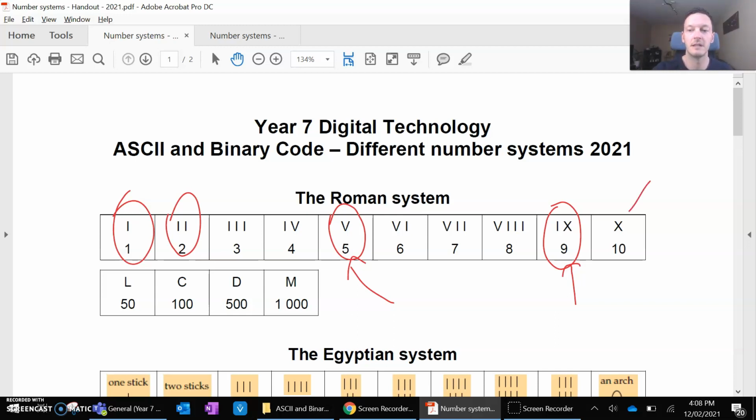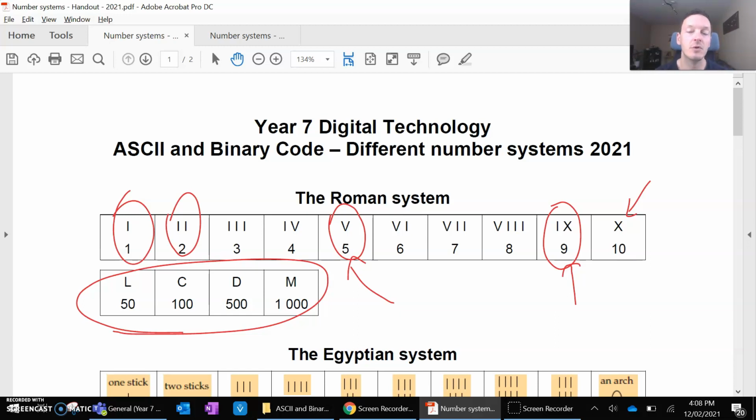And here for 10 is X. So if you've heard of Roman numerals, that's exactly what this is. And then down in this combination down here, we've got letters which represent much bigger numbers, and that enables us to easily represent a really big number without using lots of single strokes. So that's the Roman system.